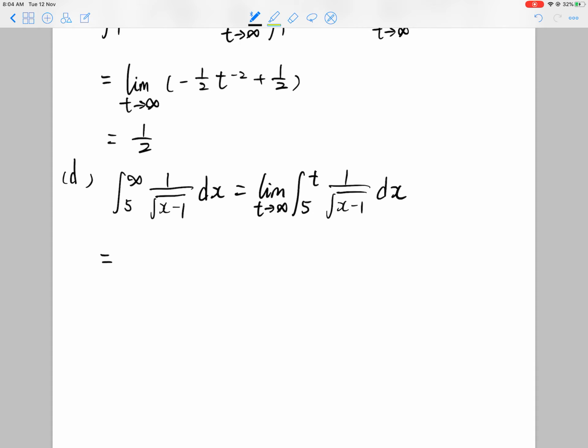What is the integration? This part is x minus 1 to the power of negative half, so the integration should be x minus 1 to the power of positive half times 2, from 5 to t, and let t approach infinity.